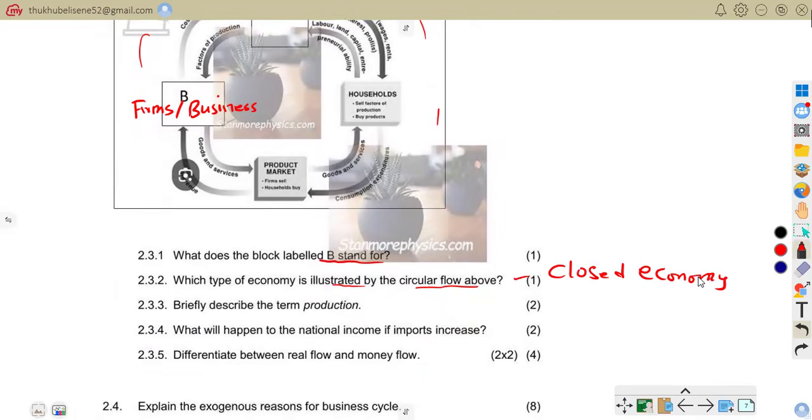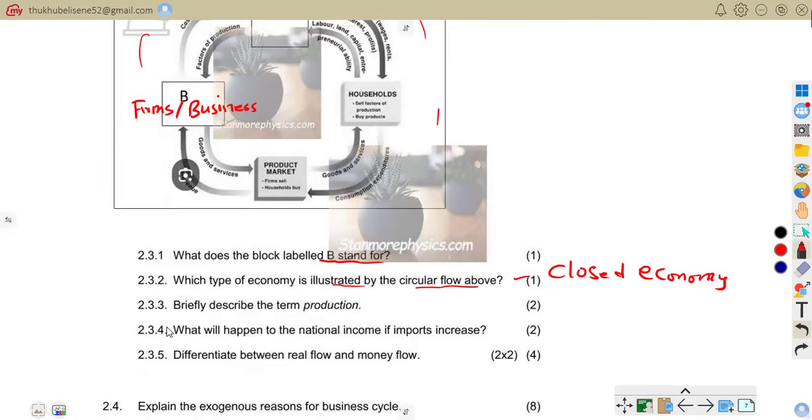That is an economy that does not trade with other countries. No imports, no exports.